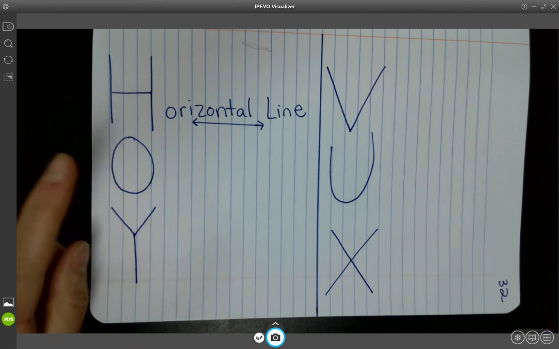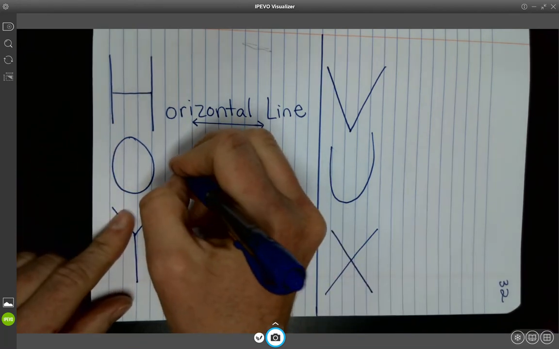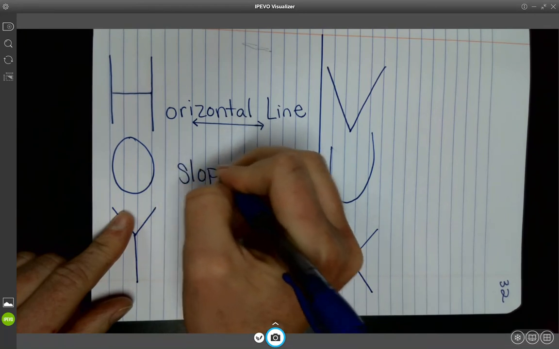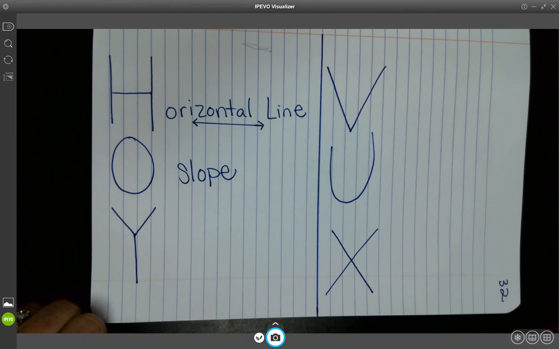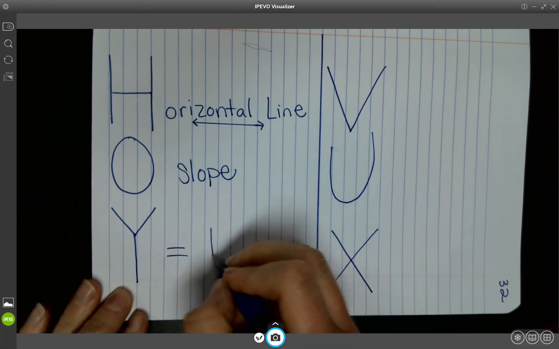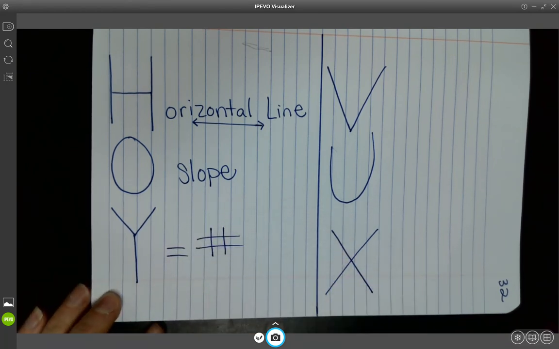Actually, zero is the slope. Zero slope. And the y is how the equation's written. It doesn't have a slope, so it'd be like 0x plus some number. Or it's just y equals some number is our equation.